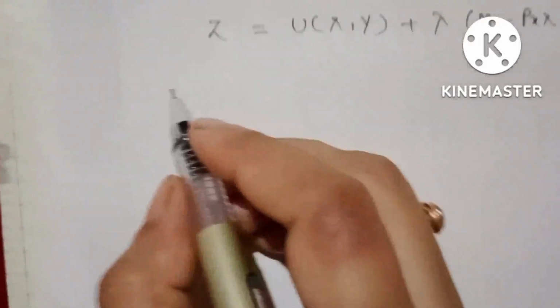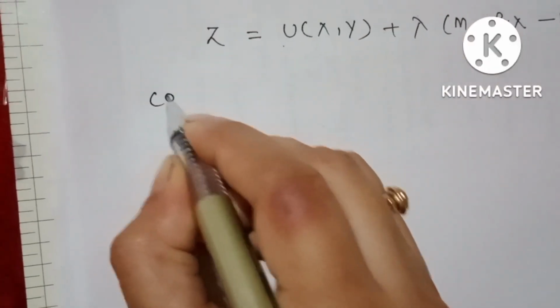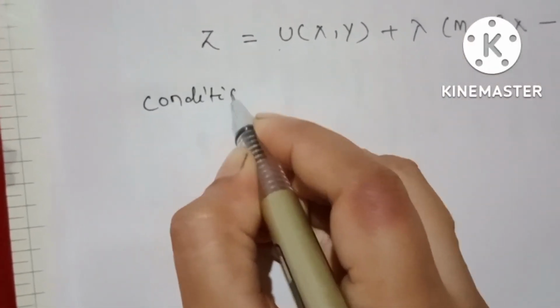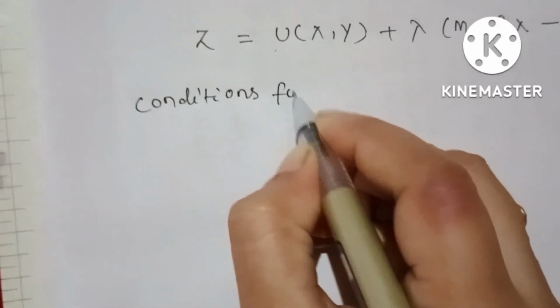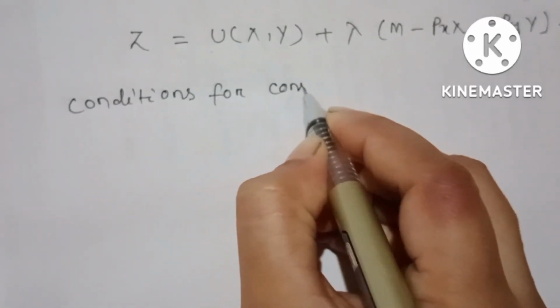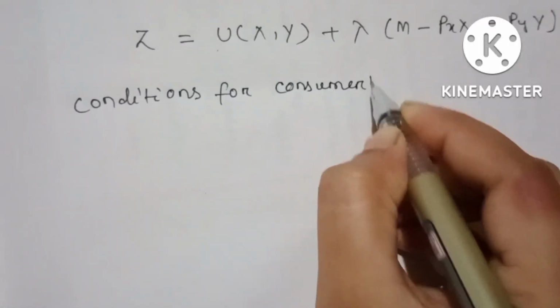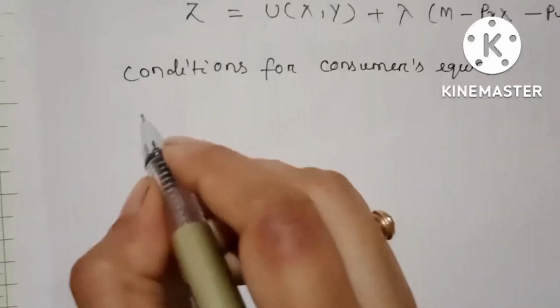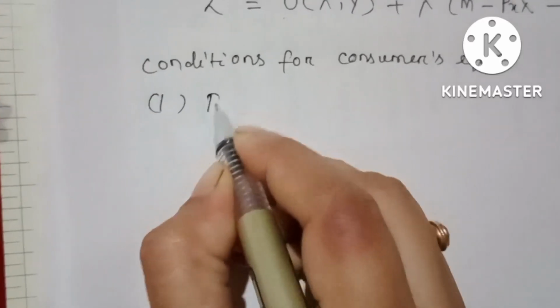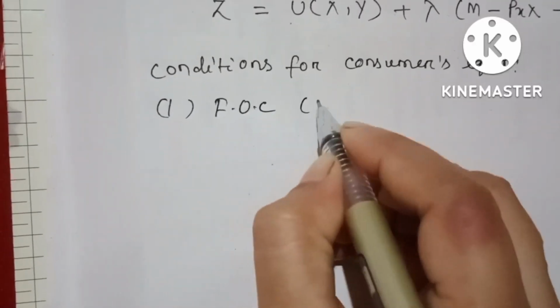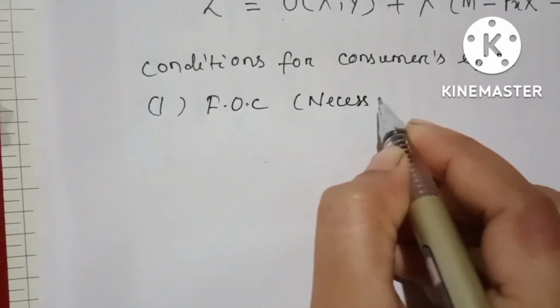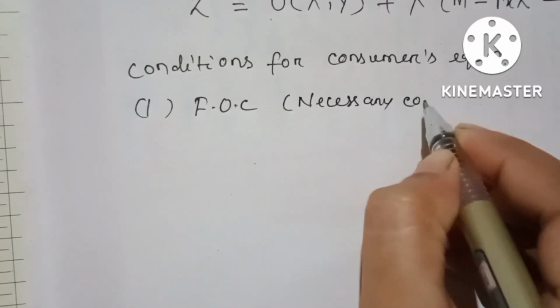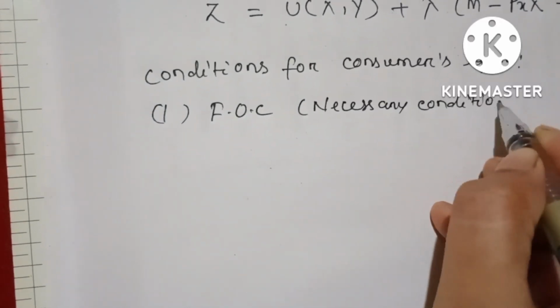Now, conditions for consumer's equilibrium. Generally there are two conditions. One is your first order condition, which is known as your necessary condition. What is the necessary condition?